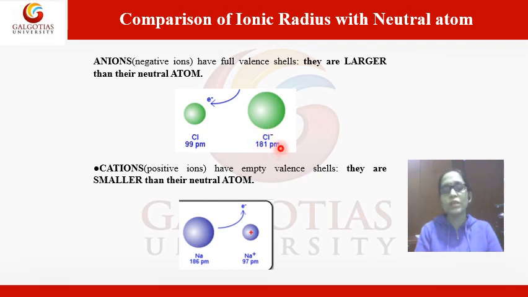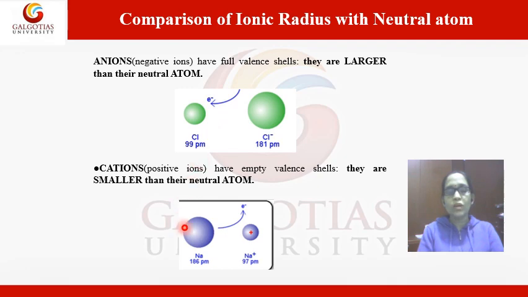Why does this happen? Because here the effective nuclear charge decreases, since the number of protons is the same in both chlorine and chloride, but the number of electrons increases in chloride. So the effective nuclear charge decreases, and as it decreases, the ionic radius increases. So anions are larger in size than their neutral atom.